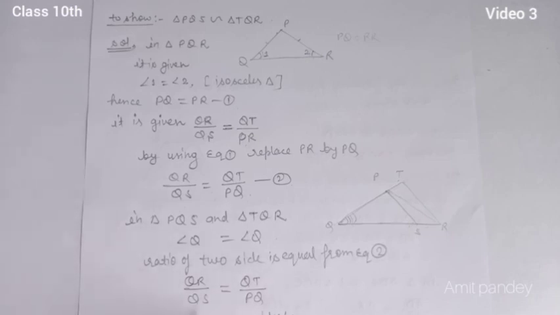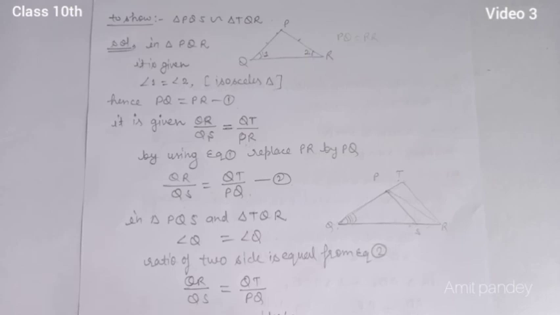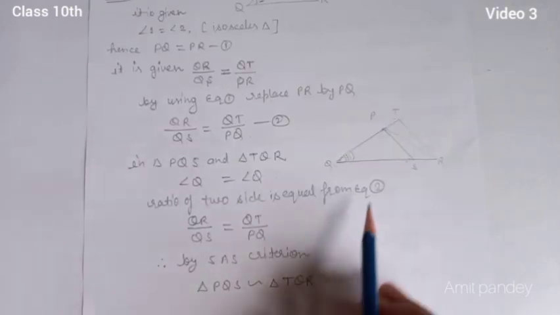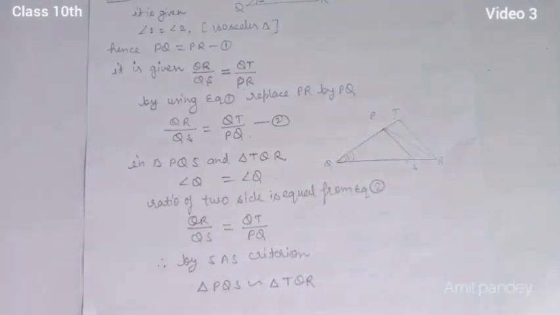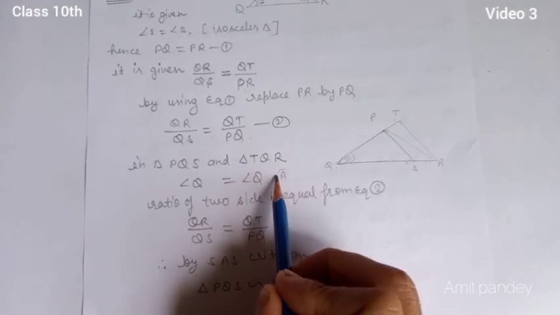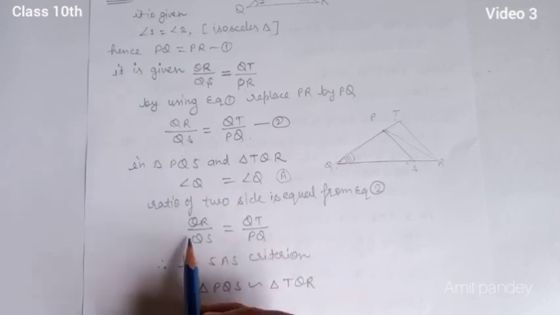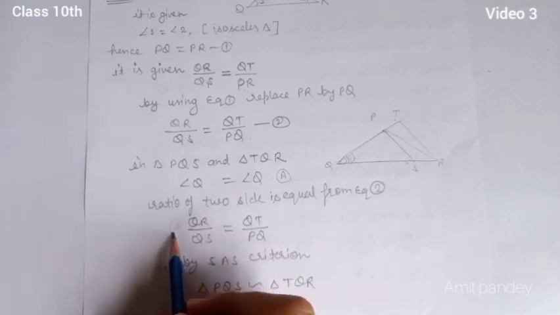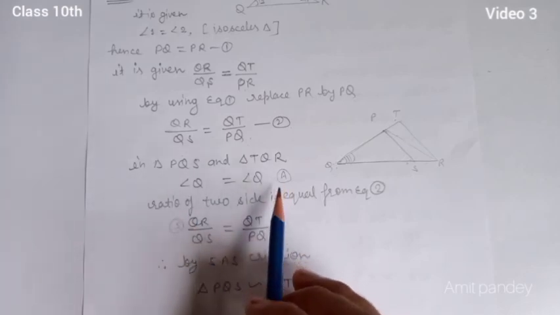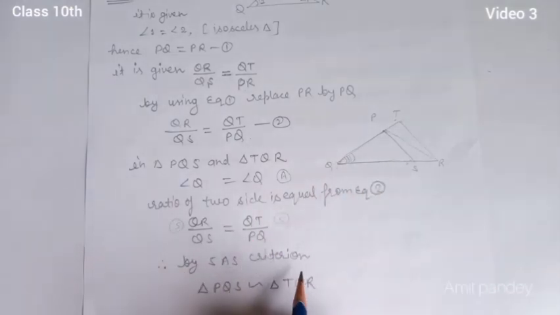So here by SAS criterion, triangle PQS is similar to TQR. One angle is equal in both triangles, and the second thing is the ratio of the two sides. That's why, by SAS criterion, both triangles are similar here.